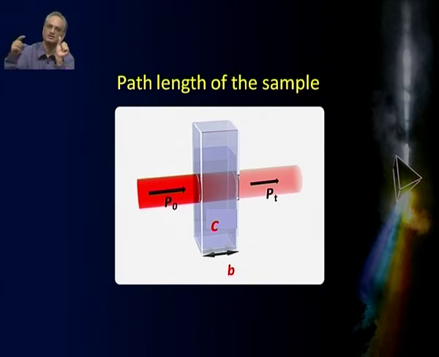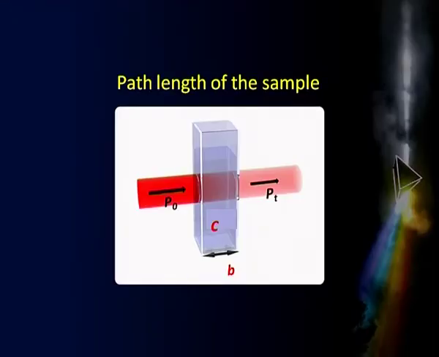Then the radiation comes across a very small path length. That means it meets very few molecules. Accordingly, the number of molecules which can absorb this radiation becomes much less, so the radiation which comes out will be more intense. That means absorption will be lesser now.